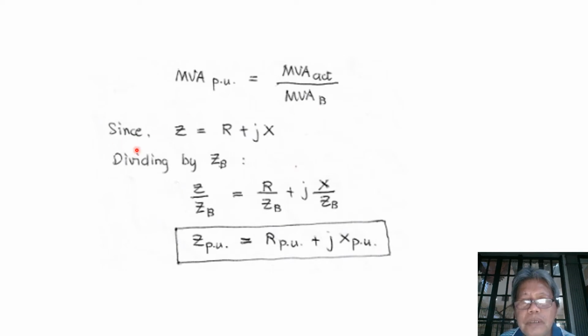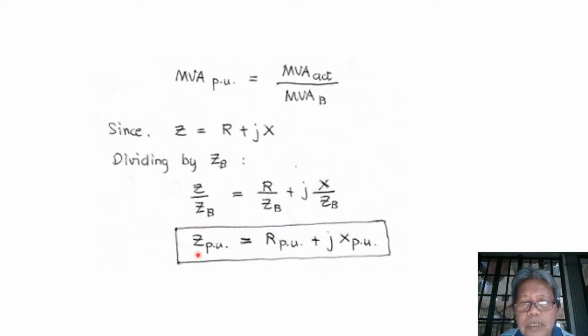Now, since our impedance has two components, the resistance and the reactance, we do not need to compute the base resistance nor the base reactance. What we do is we still use the base impedance Z base. So if this is our Z, then we divide both sides by the base impedance.